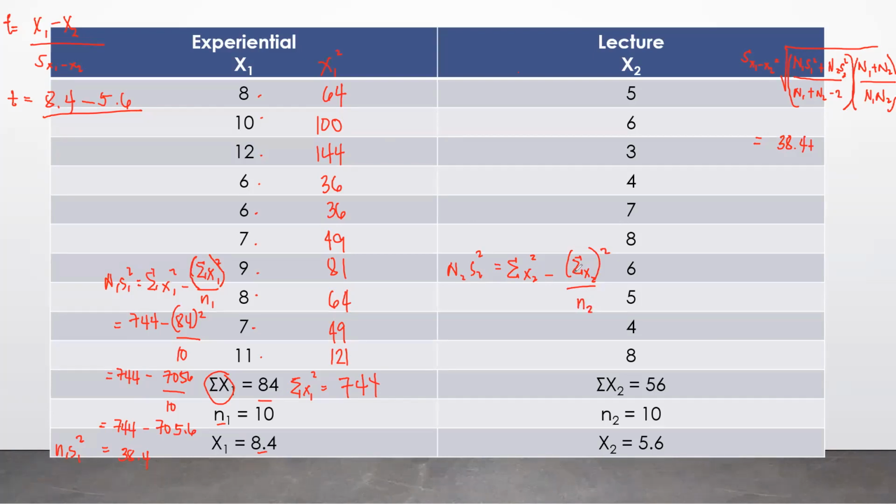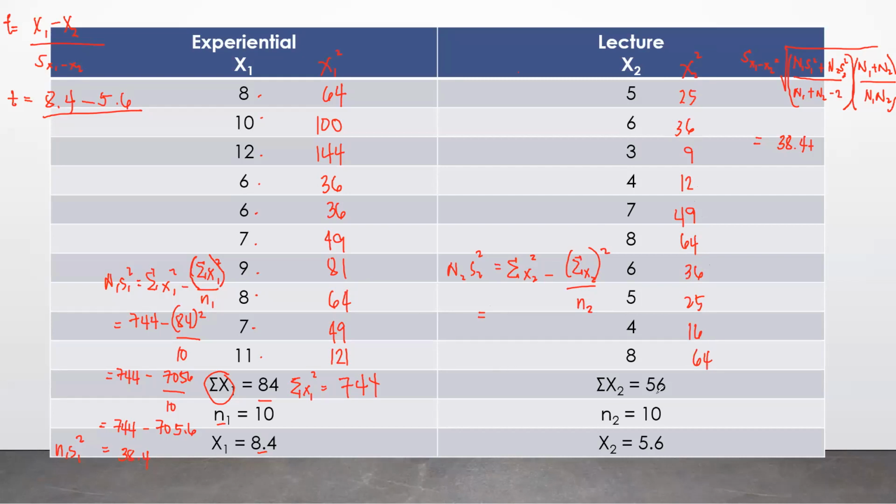So napalitan lang siya ng 2 diyan kasi nasa group 2 na tayo. So for the summation of x2 squared, ganun pa rin yung process natin, square natin lahat. So this is 25, 36, 9, 12, 49, 64, 36, 25, 16, and this is 64.